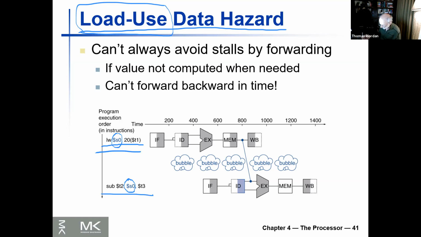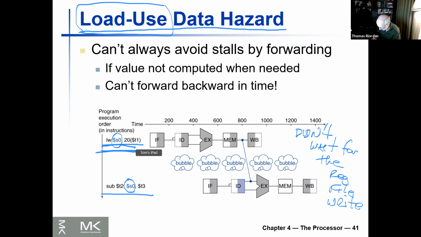So here to solve this problem, we'll note that, well, it's not even completely solvable. We've already shown the case here where we didn't wait for the reg file write. We're already showing the magic trick here, because when do we have this value? Well, we have it at the end of the memory cycle.